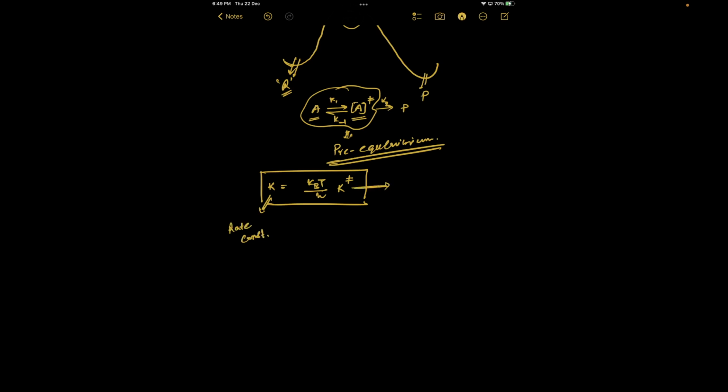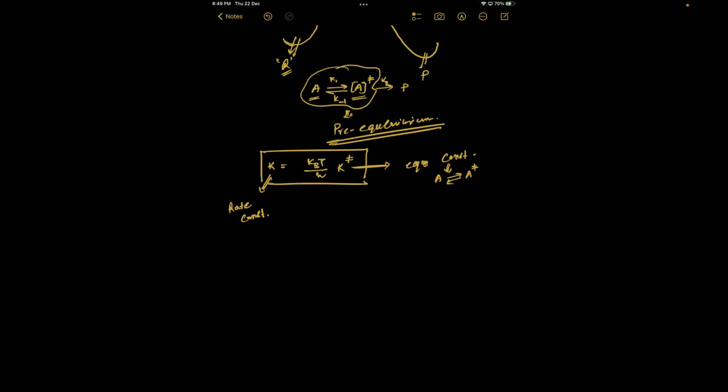K double dagger is the equilibrium constant for this step, A to A double dagger. kB is the Boltzmann constant, T is the temperature, and h is the Planck constant. So this we call the Eyring equation.